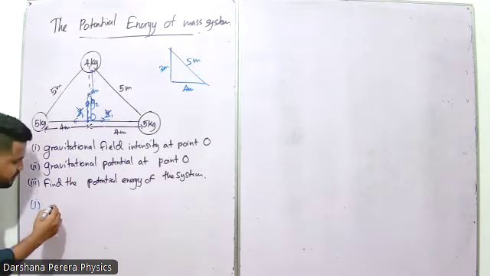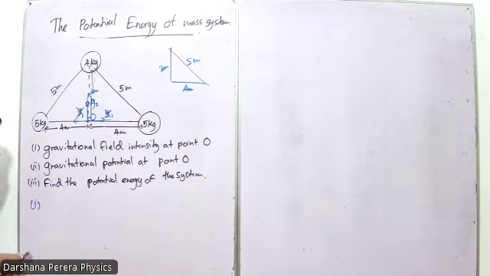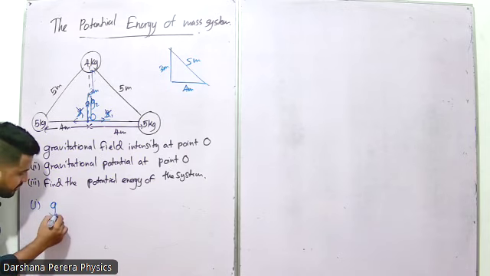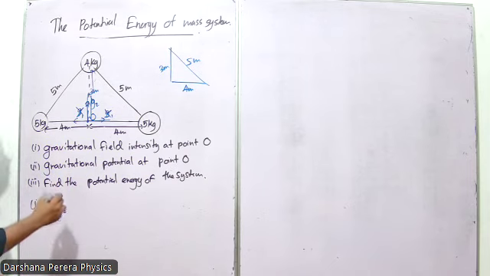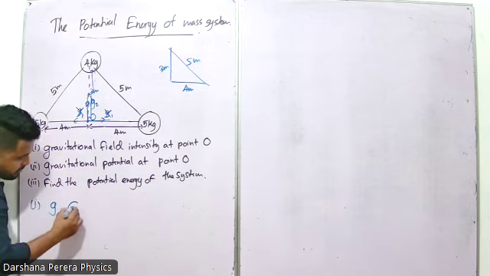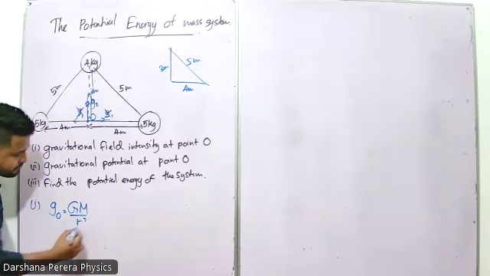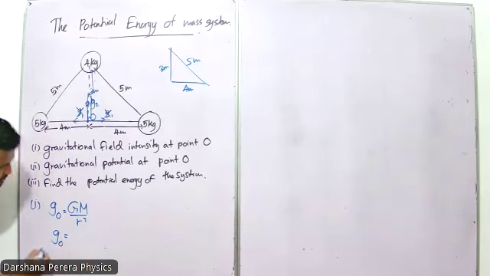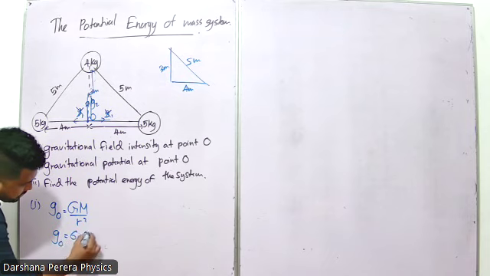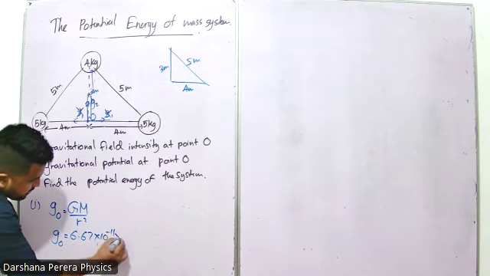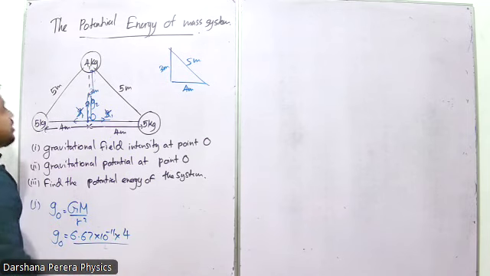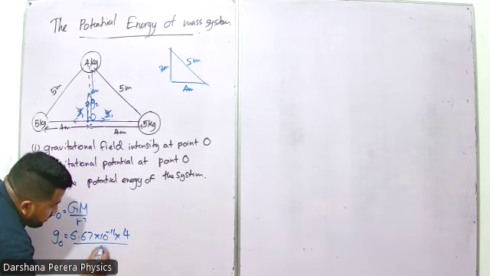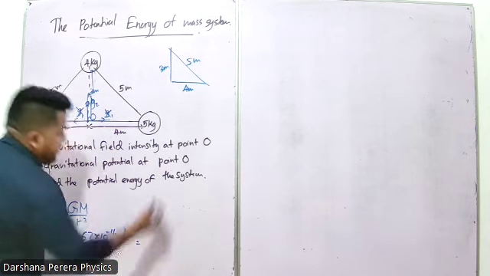So then gravitational intensity of this one is GM over r square. G naught equals G means 6.67 into 10 to the power minus 11. M means the 4 kilogram. R square means the 3 square. So this is the answer.